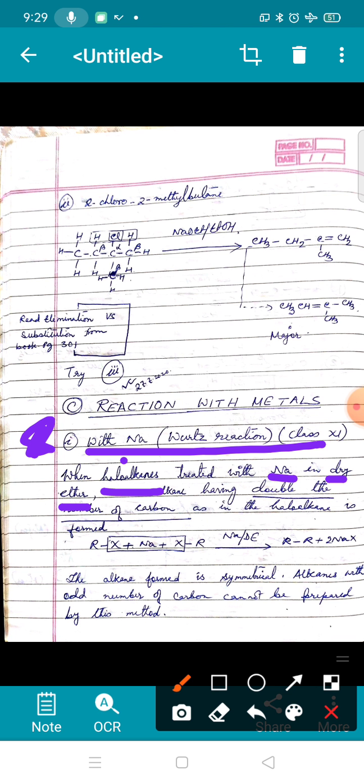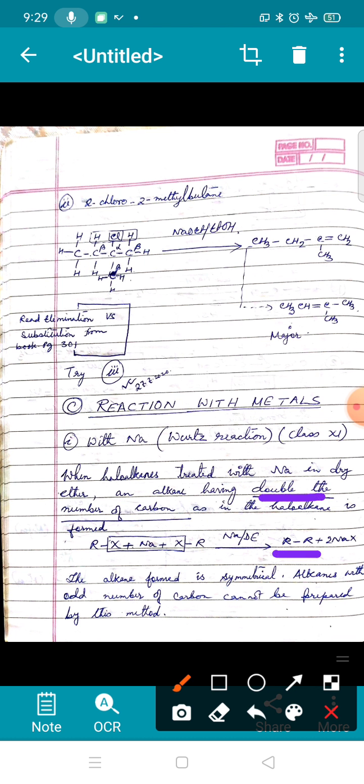This is the starting material, this is the reagent, and this is the solvent. Dry ether is the solvent. So when haloalkane is treated with sodium in dry ether, we get an alkane having double the number of carbons as in the haloalkane. So that is the speciality of Wurtz reaction.